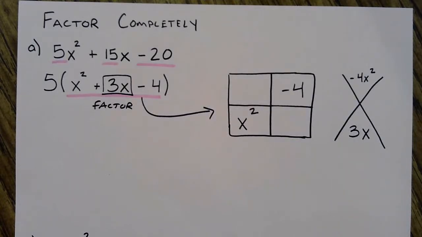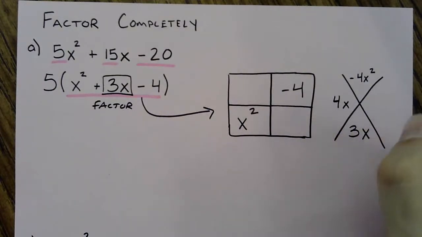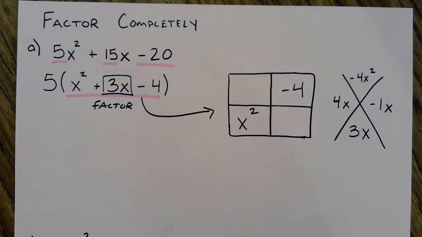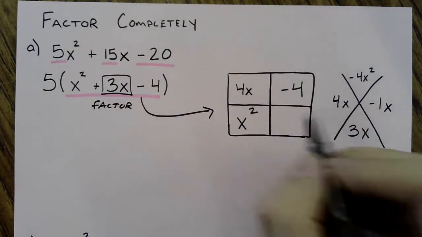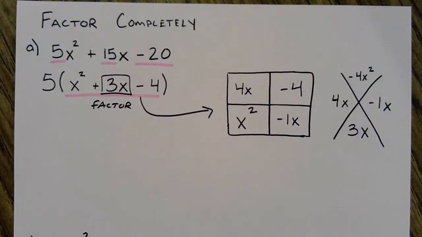Our two values that add to 3x and multiply to negative 4x squared: positive 4x and negative 1x. We're going to go ahead and throw that in our generic rectangle and continue our factoring.